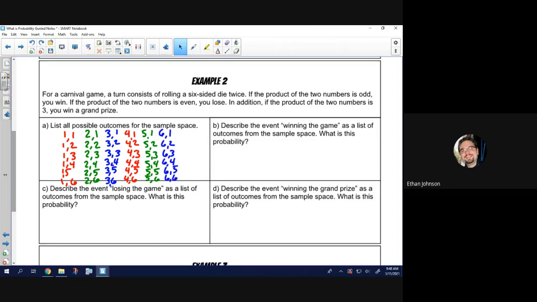Okay. So all in total, we have 36 possibilities, because there were 36 different combinations that we had.